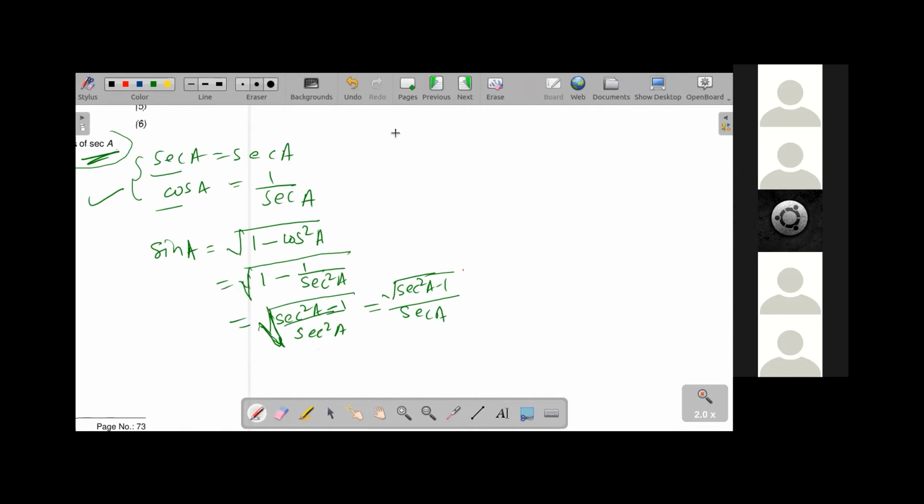So now it is sec, cos, and then we have to go with tan. For tan, we have a direct relation with sec, like sec square A minus tan square A equals 1. So using this formula, we can write directly.